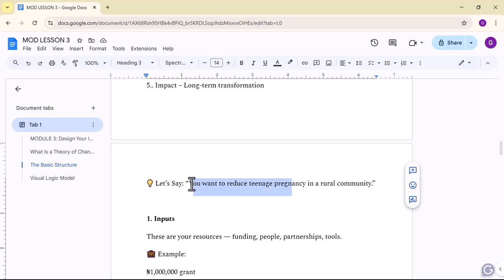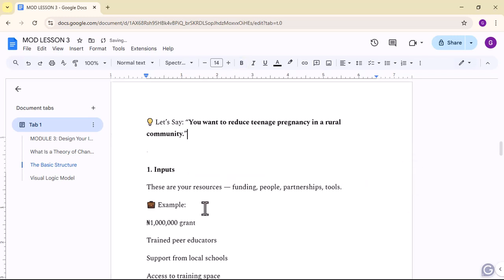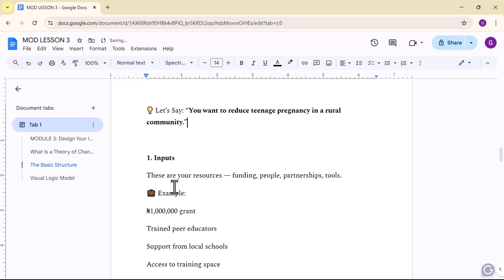Resources can be funding, people, partnerships, tools, or whatever things would be required.